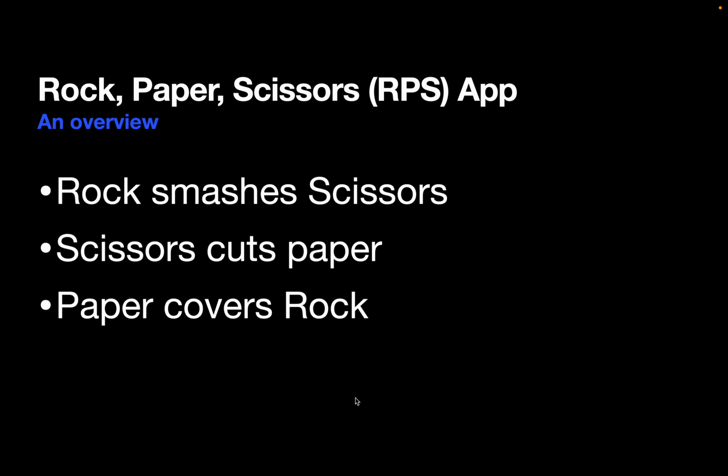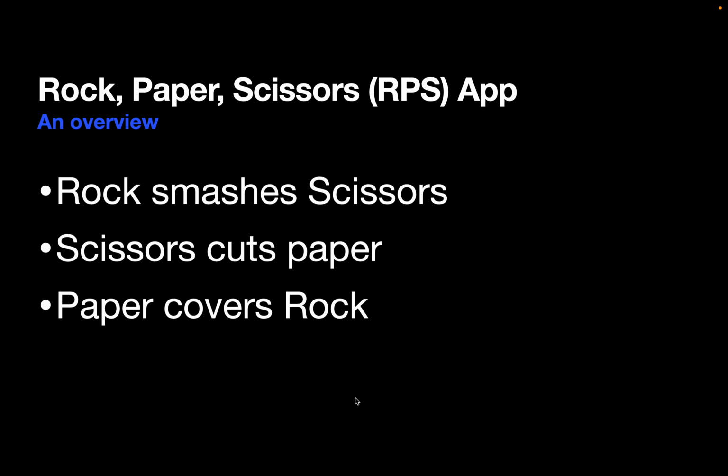So if I present rock and the app or the other player presents scissors, I win, because rock can smash scissors. But if I present scissors and they present paper, of course I win, because the scissors can cut paper. Or if I present paper and they present rock, immediately I win, because we assume that the paper can wrap over rock. That's how this is set up.